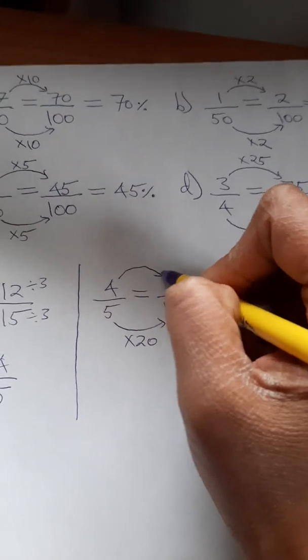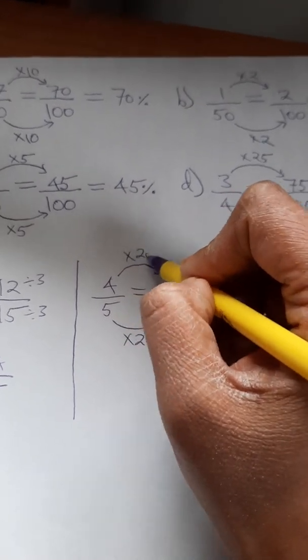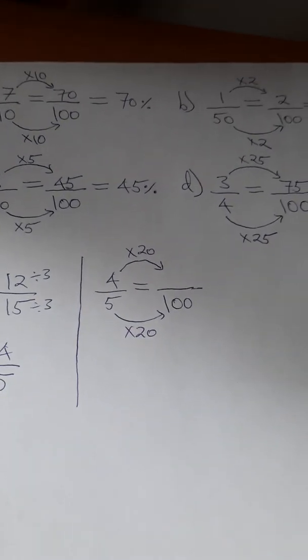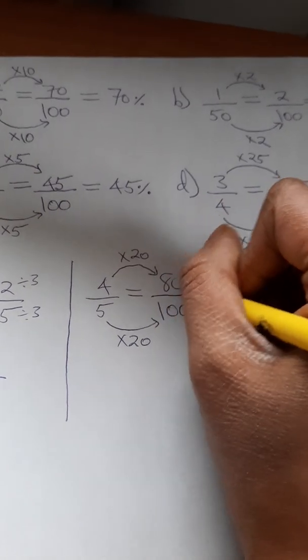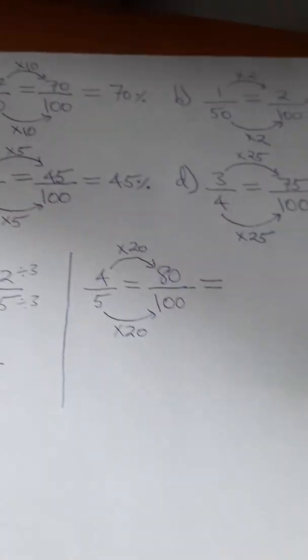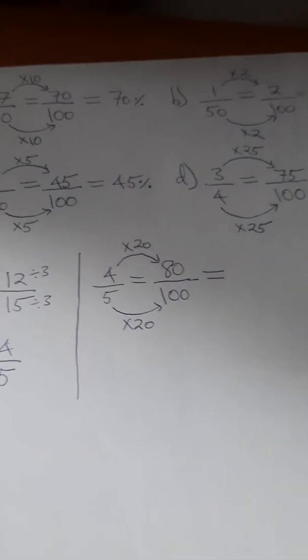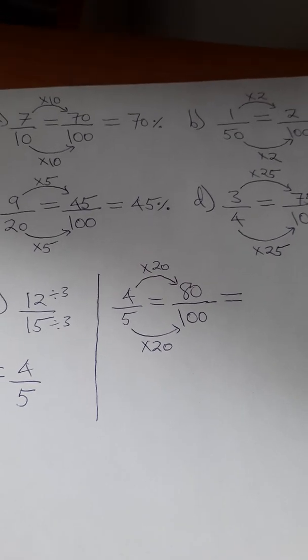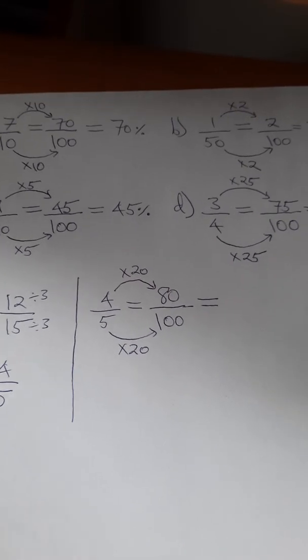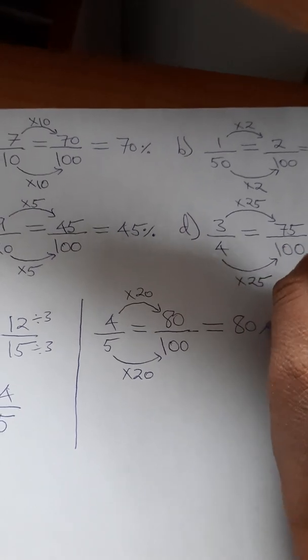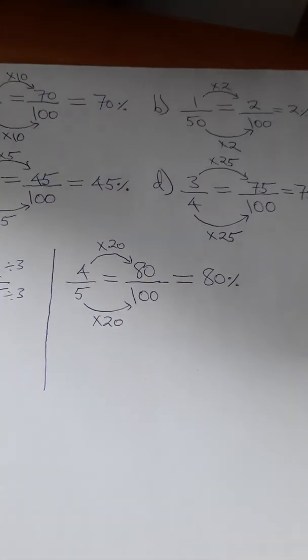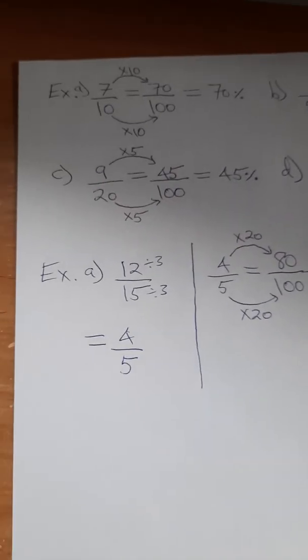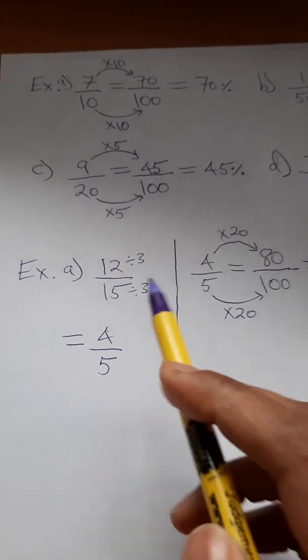And the same thing on the top. I'm going to do 4 times 20, which is equal to 80. So one more time, my fraction is now 80 over 100, and this is equal to 80%.